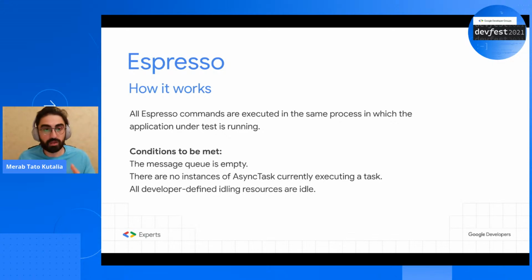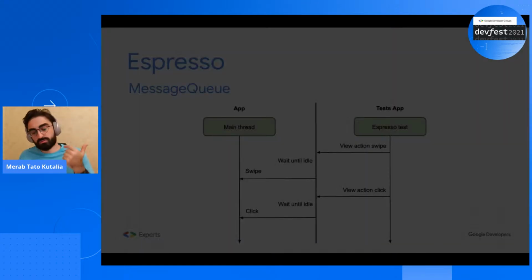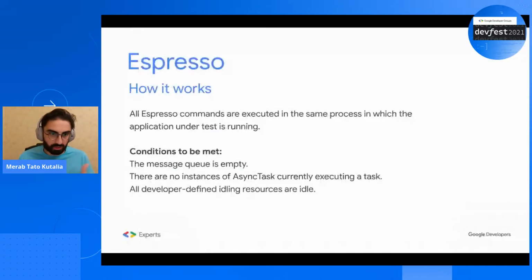So there are two possible options. Introduce the idling resource, which is not a very good option, or swap the networking client by introducing some kind of dependency injection and provide a fake networking client which runs on a blocking thread and returns some kind of result. In that case, Espresso will wait because it will be a blocking call and not asynchronous.